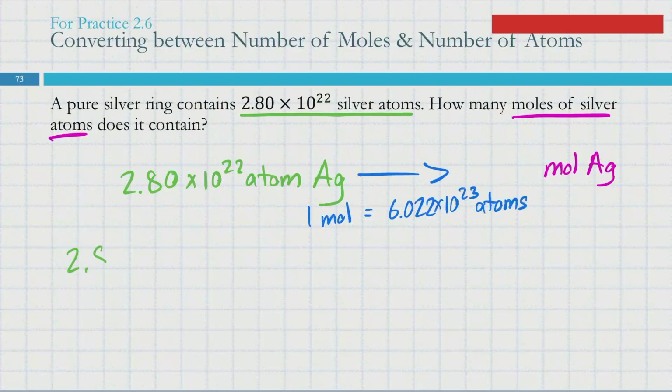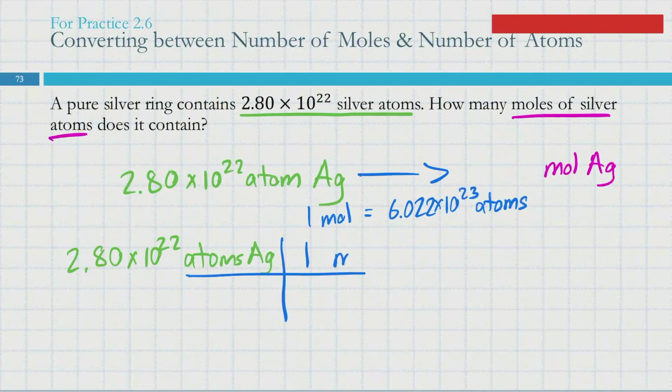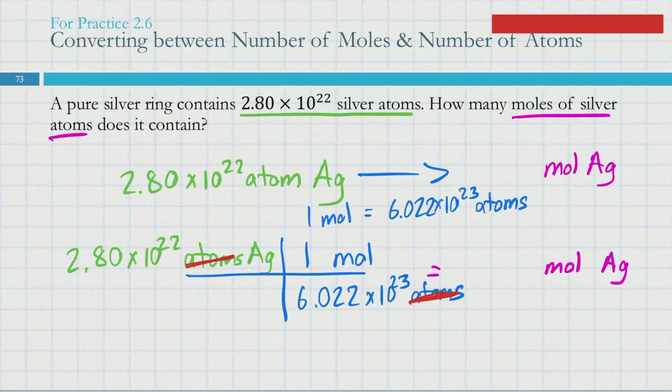So our calculation would look like this. We're going to take our large number of atoms of silver, and we're going to divide by Avogadro's number to convert to moles. Our atoms will cancel, and moles and silver come through.